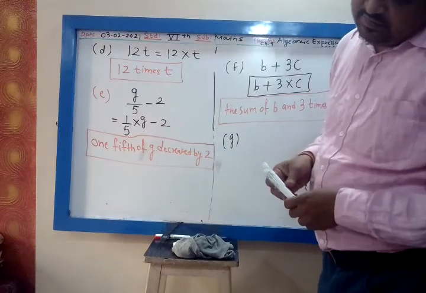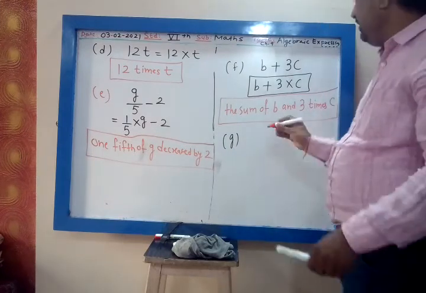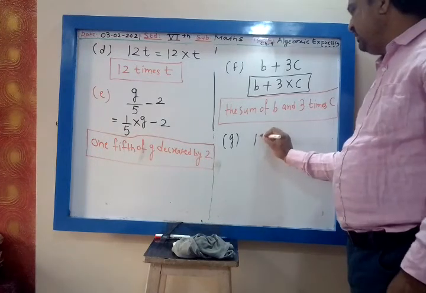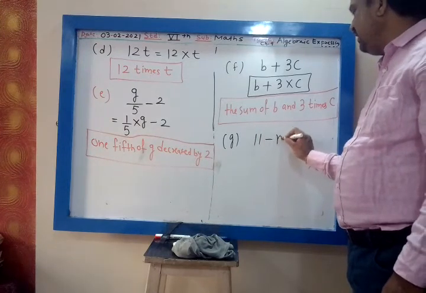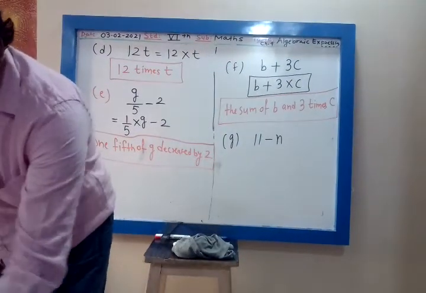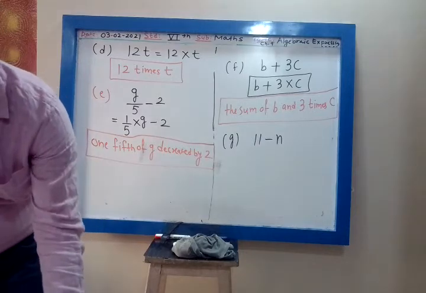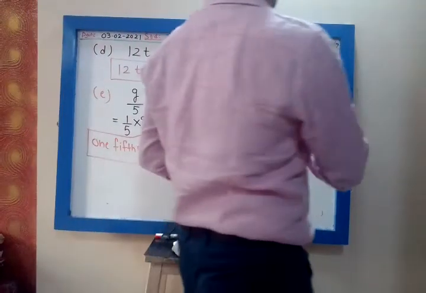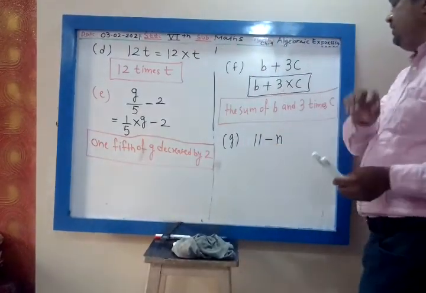G is 11 minus n. What will you write? Minus means decreased.